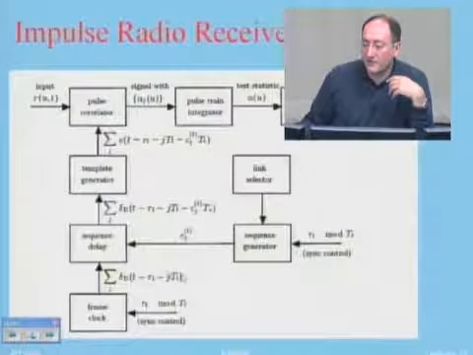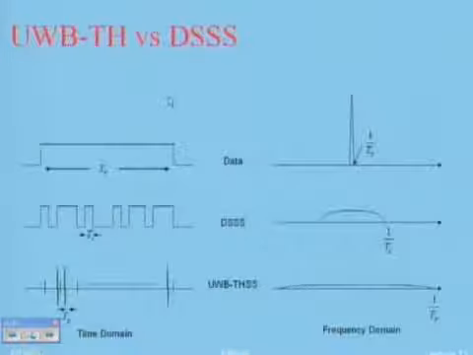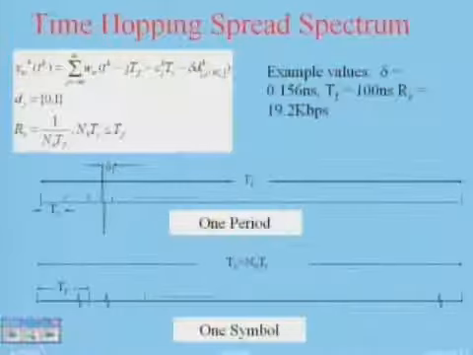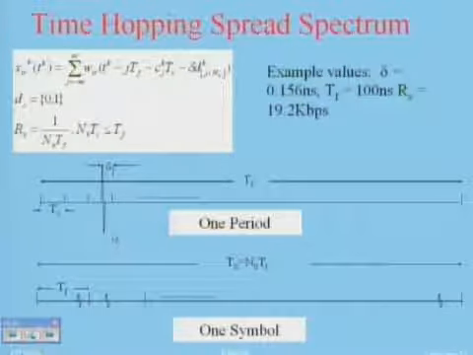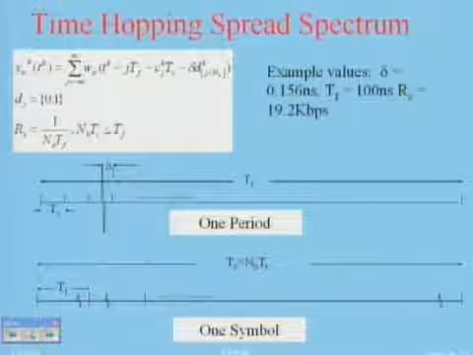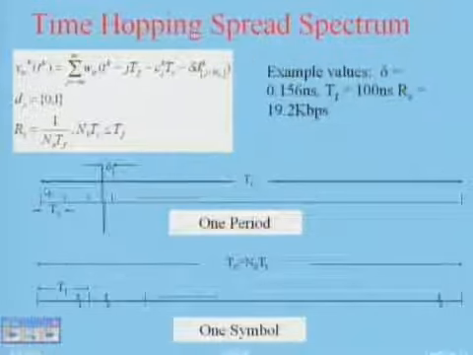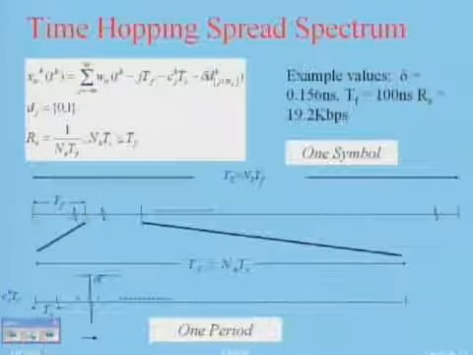This is a typical receiver for time hopping systems, and this is a typical communication thing. What they do is that for communication, they take one of these periods T sub f.